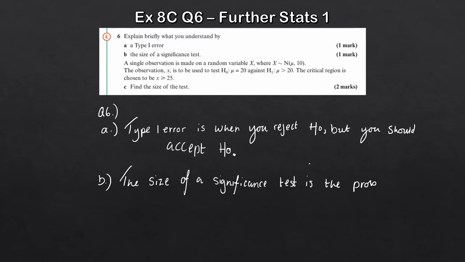So like our part A here. It's a probability, can't write and talk, probability of rejecting the null hypothesis. So I mean the null hypothesis is your H naught.